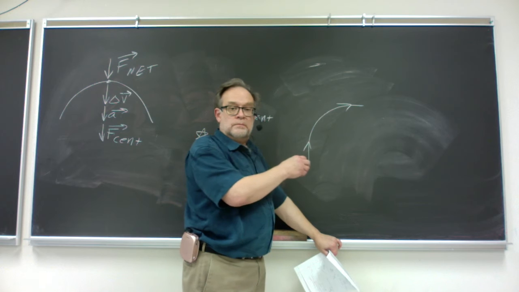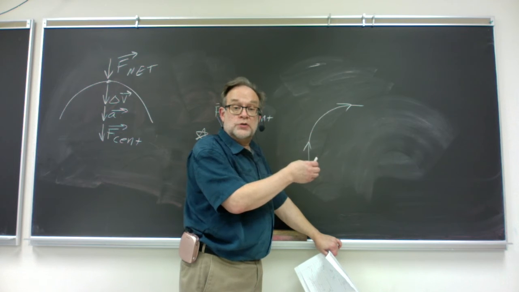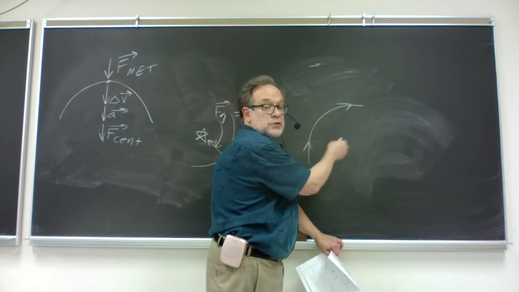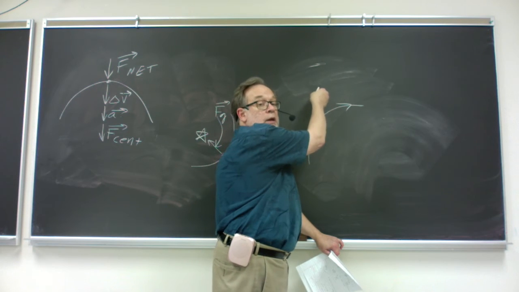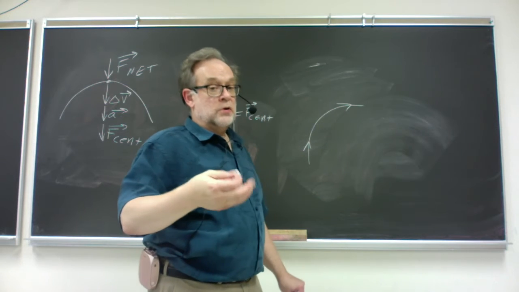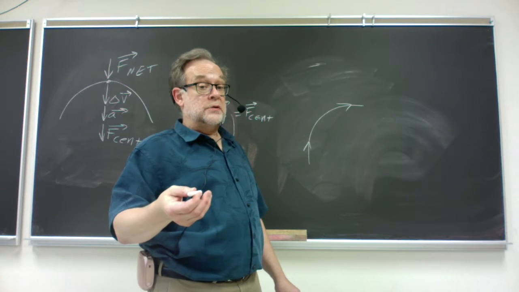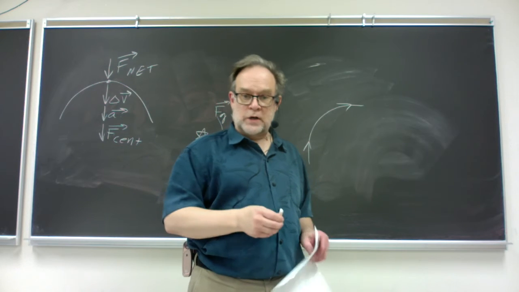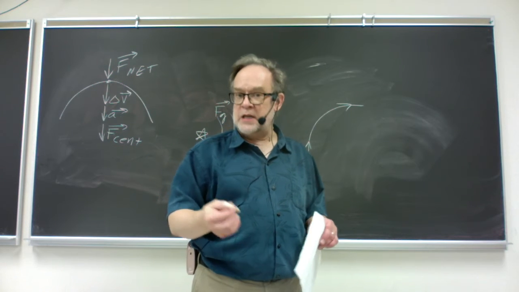Well, if you weren't moving in a circular path, for instance, if the road were icy and you tried to make this turn, you might slide away from the circular path. So what keeps you in the circular path is some kind of force that prevents sliding. And we know what kind of force prevents sliding. It's static friction.